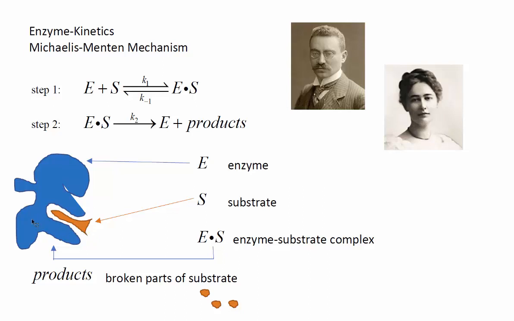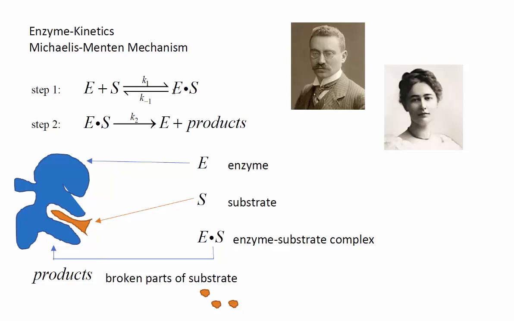It has a lot of complexity to it, and there are pockets within the enzyme that the substrate can fit into. And there's a particular pocket where if the substrate goes in, then the enzyme acts as a catalyst in order to break down the substrate into its products.